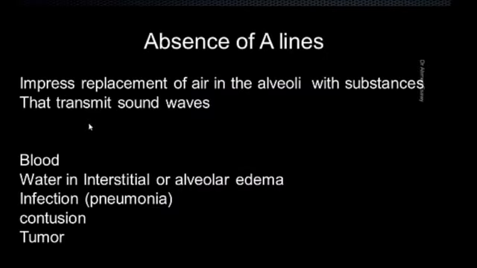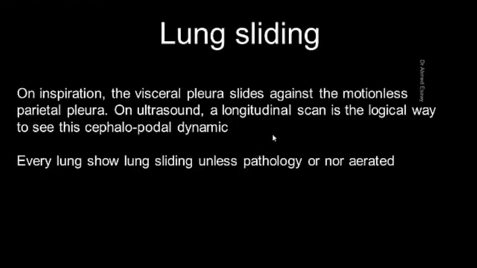Absence of A lines implies replacement of air in the alveoli with a substance that transmits sound waves, like blood in hemothorax, lung contusion, water as in interstitial or alveolar edema, infection, pus as in pneumonia, or tumor. Any replacement of air in the alveoli with such material makes absence of the A line one of the signs in pneumonia, which we target in this lecture.